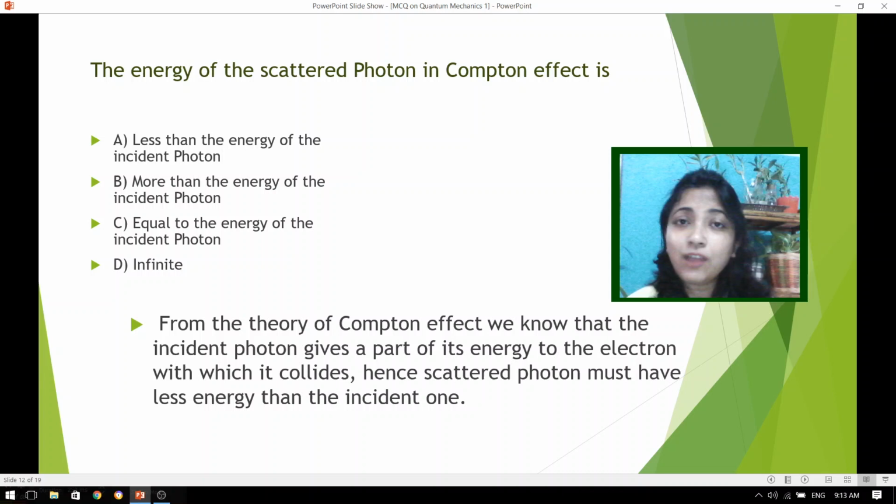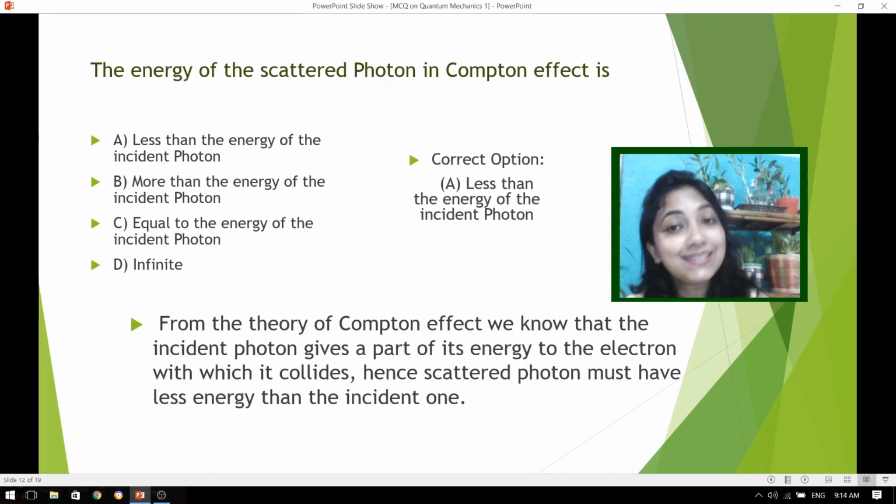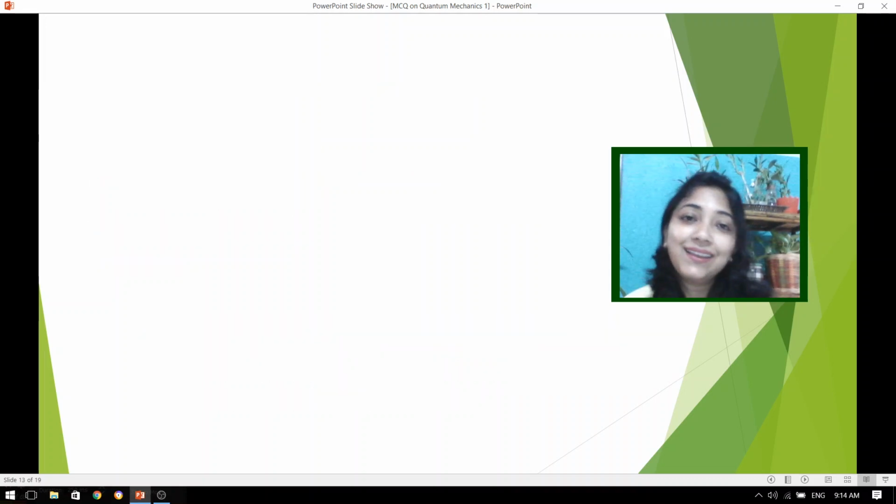So if it has given out some of its energy, obviously its energy must have gone down. So the scattered photon must have less energy than the incident one. That leaves us with the correct option as A, which is less than the energy of the incident photon. Let's move forward.